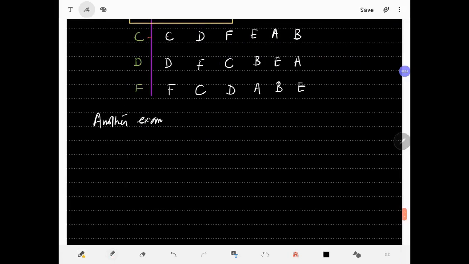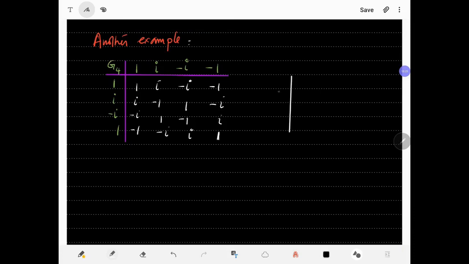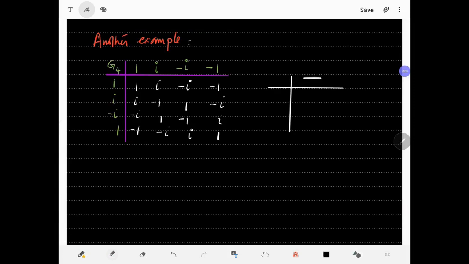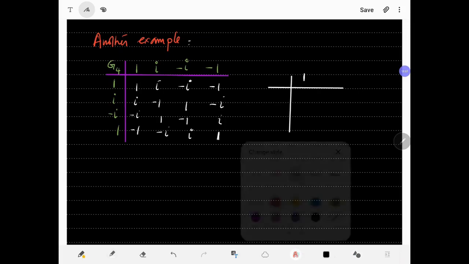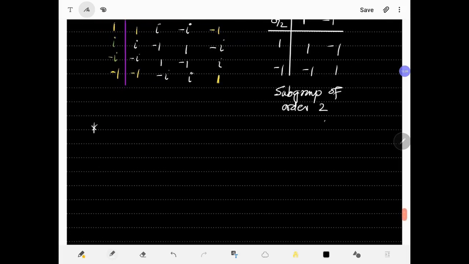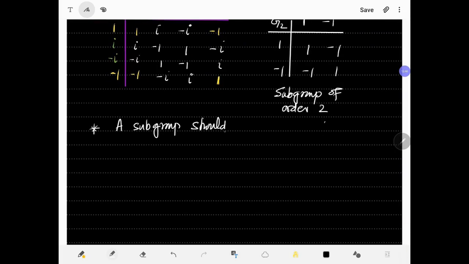And if you take the first and last number, that is 1 and minus 1, and all the combinations, and make another smaller group multiplication table, you will immediately get a subgroup of order 2. And you might have noticed that a subgroup always contains identity operator.